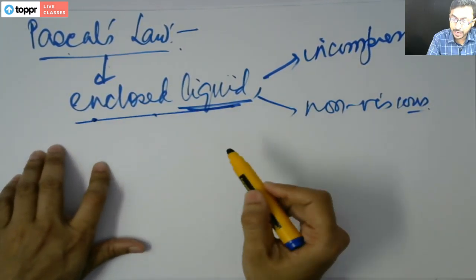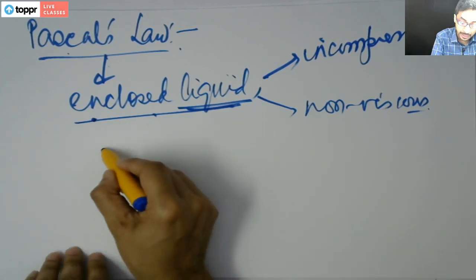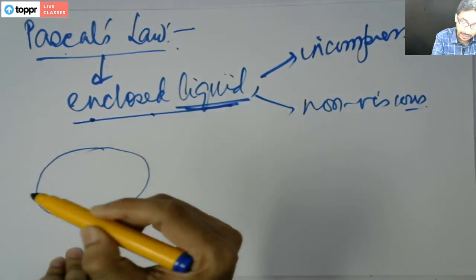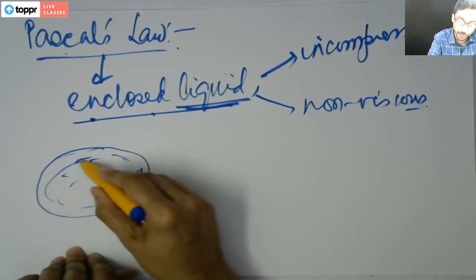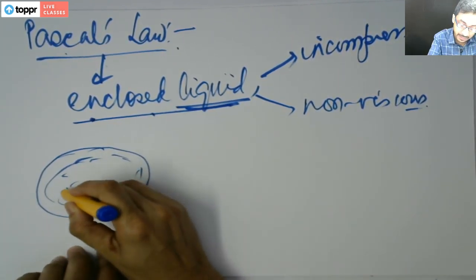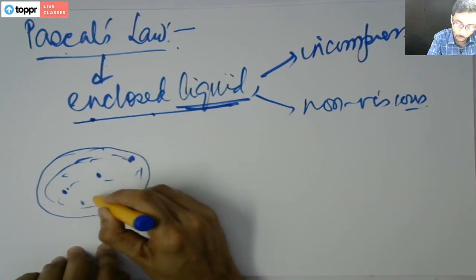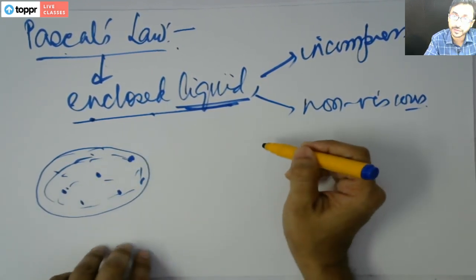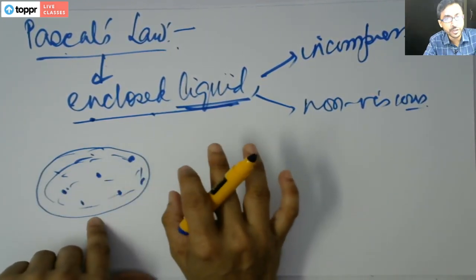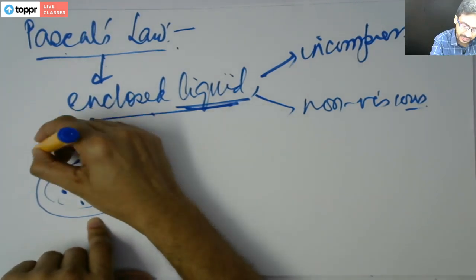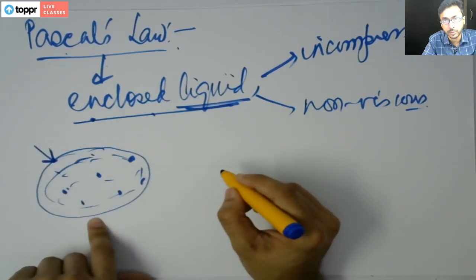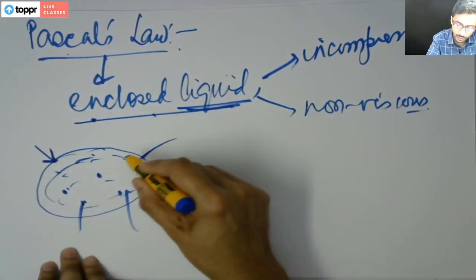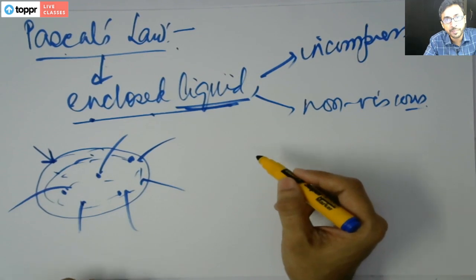So when we talk about enclosed liquid, suppose there is a balloon filled up with water, and it has several holes on its surface. Normally you will see water is not coming out, but if you press a single point on the balloon, you will see water sprinkling out from all the holes.